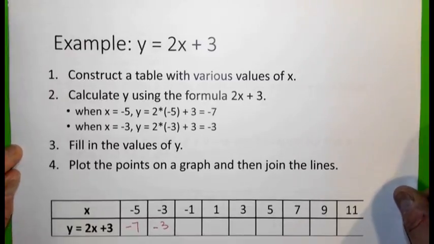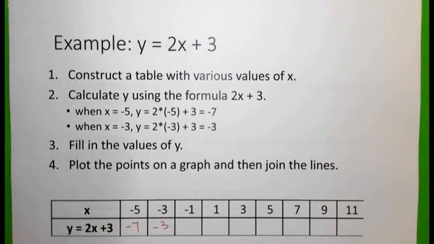In this example, we look at y equals 2x plus 3. We need to construct a table with various values of x. Now, calculate y using the formula 2x plus 3. Let's do it.